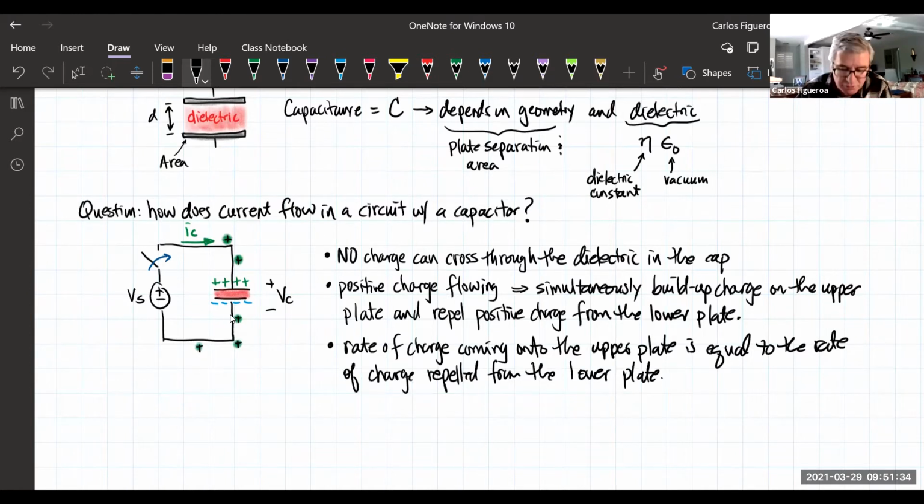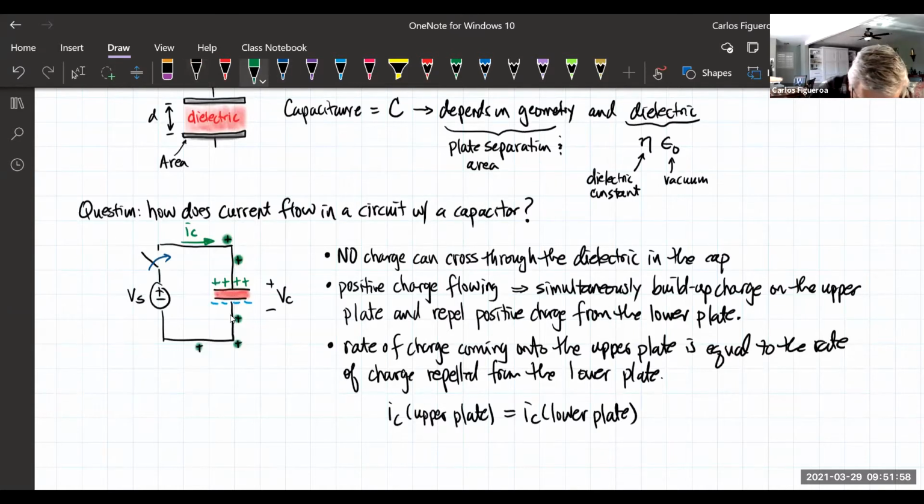So these two rates are exactly the same. That means that the current going to the upper plate must equal the current from the lower plate. So that means I'm getting current flowing in this direction right here.